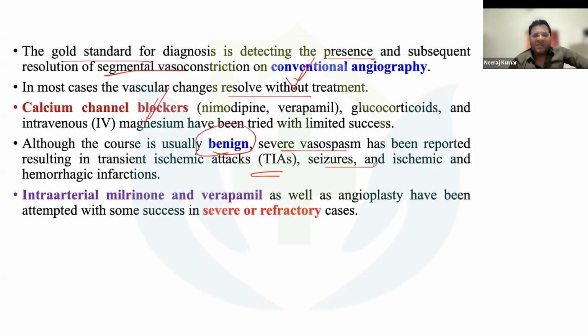Many times, intra-arterial milrinone and verapamil have a role, and you can also do a cerebral angioplasty. These have been attempted with some success in severe or refractory cases. So if asked about severe or refractory RCVS, intra-arterial milrinone, verapamil, as well as angioplasty may be the right choice for treatment.